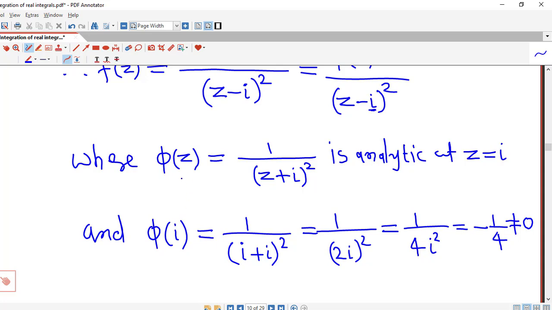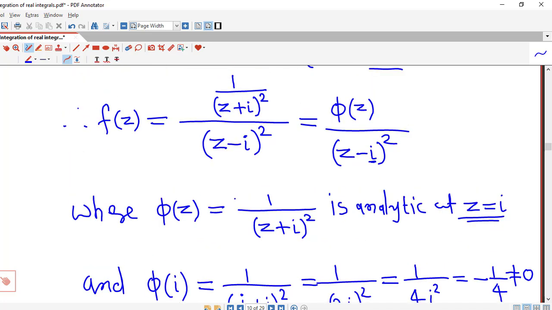So phi of z is analytic at z equal to i, and the value of phi at z equal to i is non-zero, and f of z is written as phi of z over (z minus i) whole square.